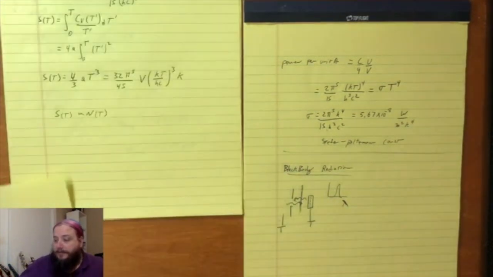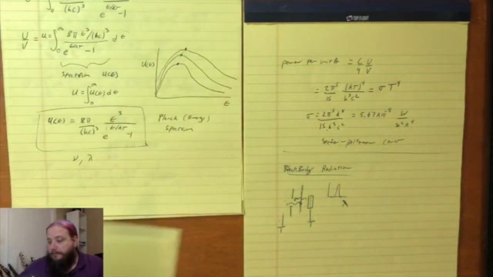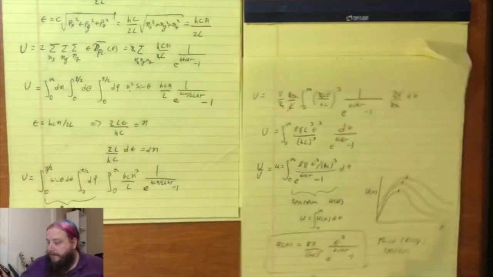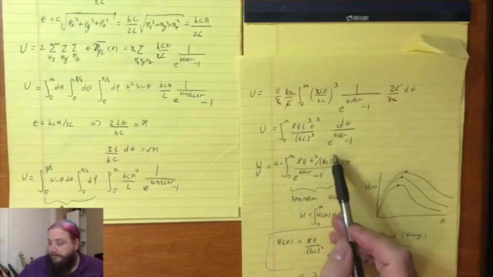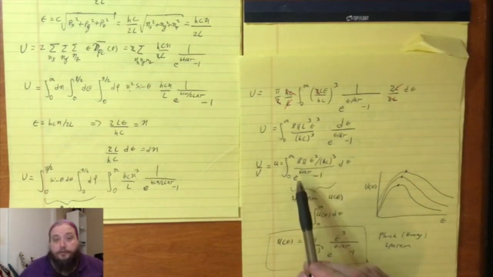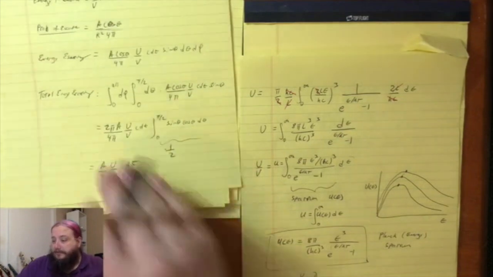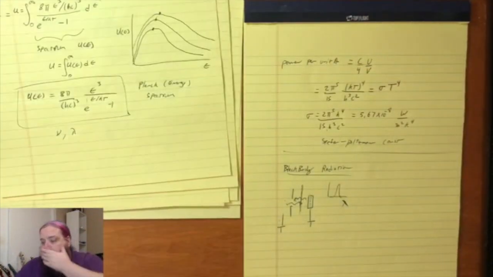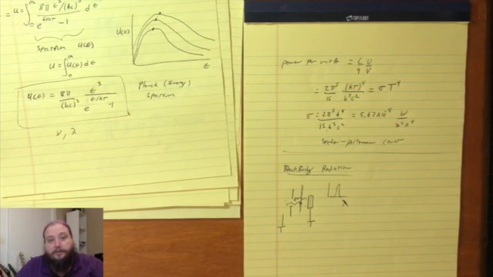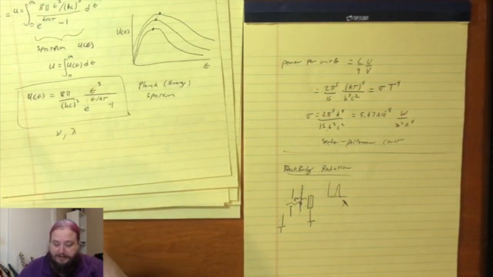In other words, this spectrum that we derived back here not only holds true inside a hot oven in thermal equilibrium, but is the spectrum emitted by any perfect emitter at a temperature T. This Planck spectrum is a general result for any emitter emitting perfectly.